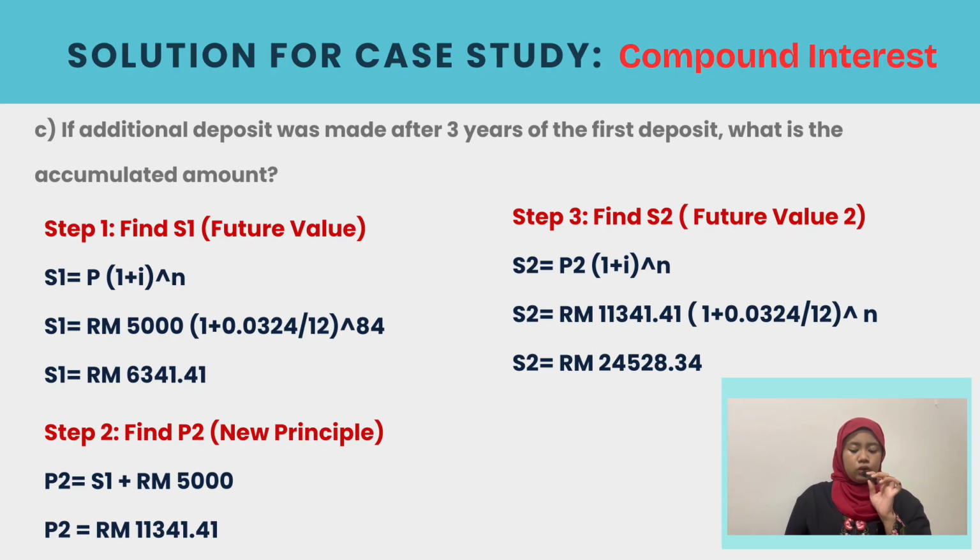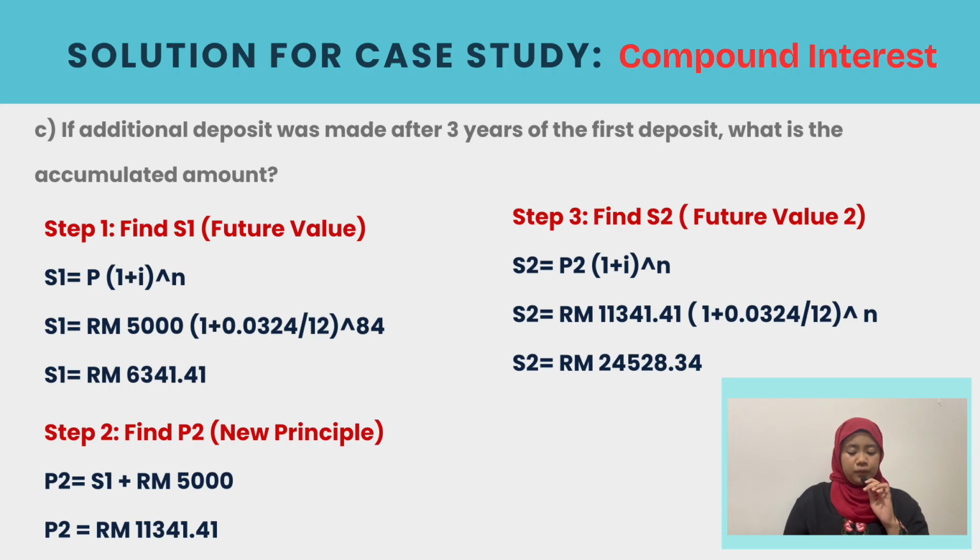The second solution is to find the new principal. P equals S plus 5,000, so P equals RM6,341.41 plus 5,000. The answer is P equals RM11,341.41. The third solution is to find the future value.